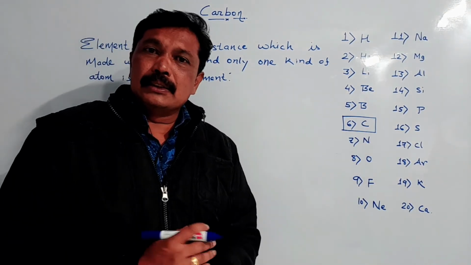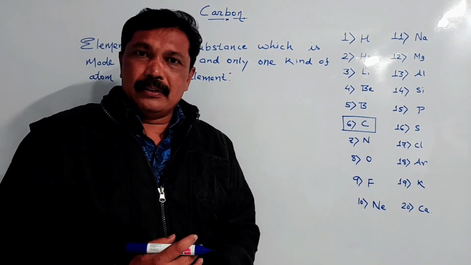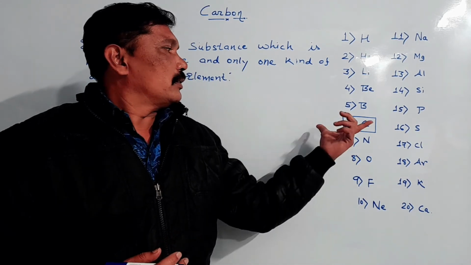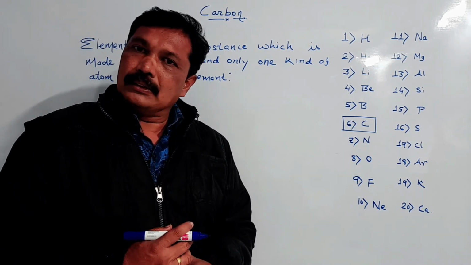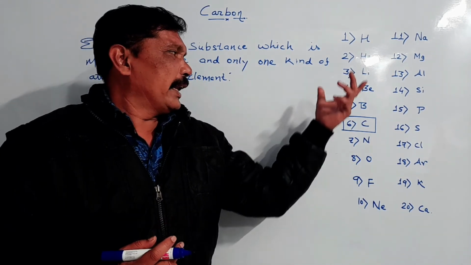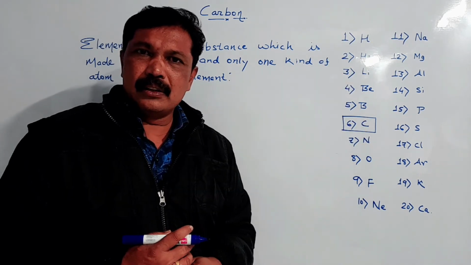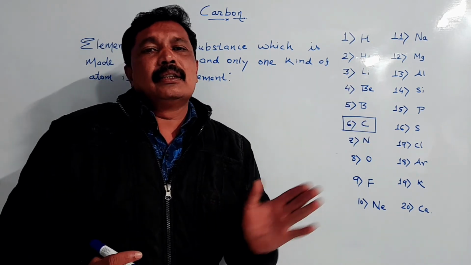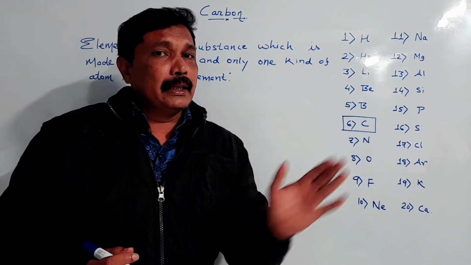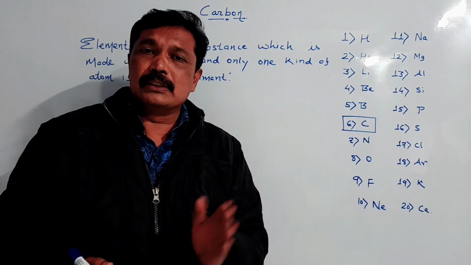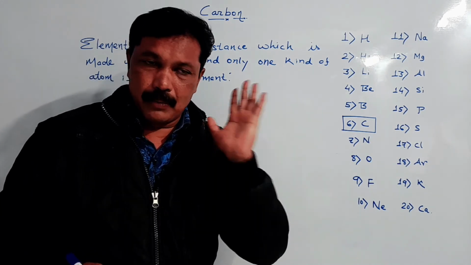Carbon is an element having the atomic number 6. It takes the place number 6 when we arrange the elements in the increasing order of atomic number.